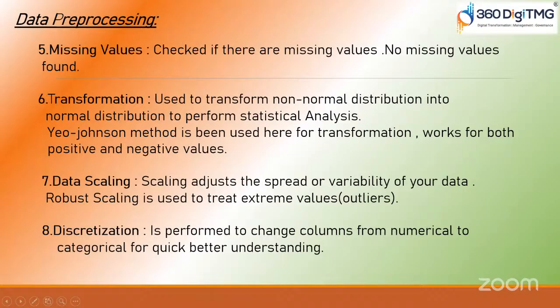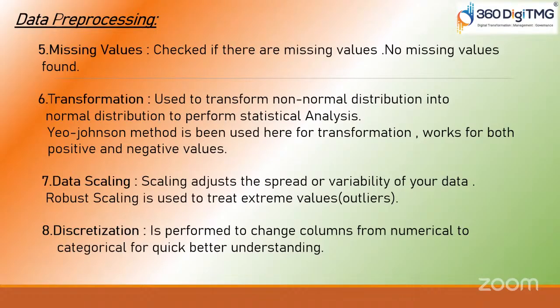So this is also a continuation of data pre-processing. Missing values: none, we checked if there were any. For transformation, we applied the Yeo-Johnson method to handle both positive and negative skewness.